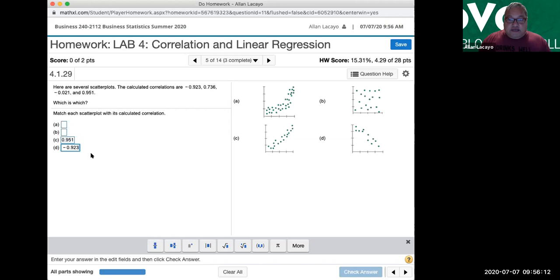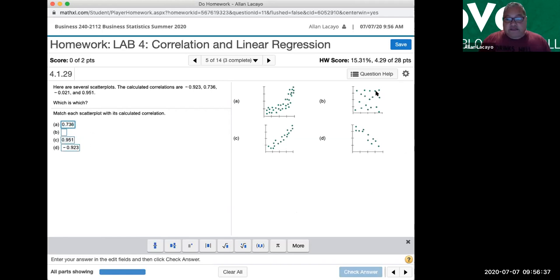In addition, we now see graph A having a strong form, but it's not linear. It's a little curved and in a positive sloping way. So the correlation for scatter plot A should be positive and not necessarily super strong like a 0.9, but relatively strong like a 0.736.